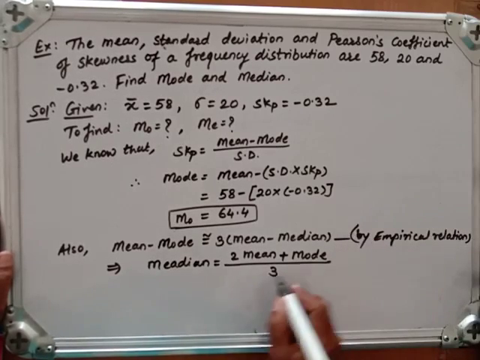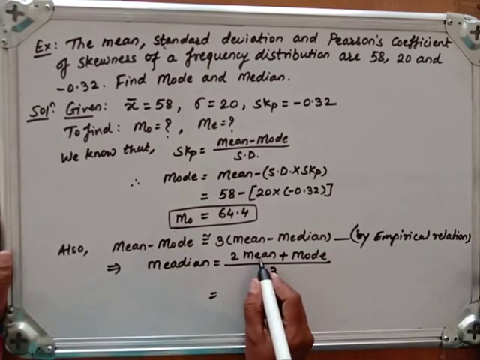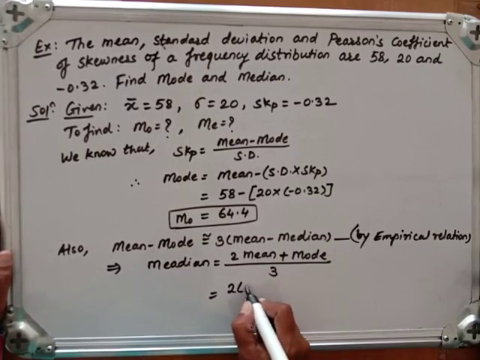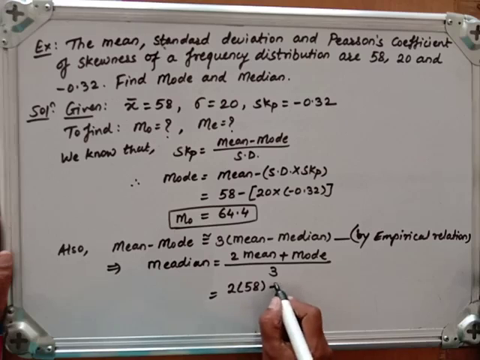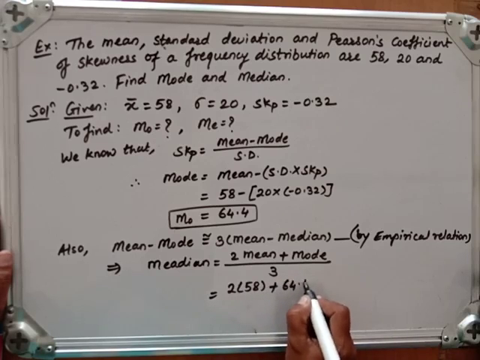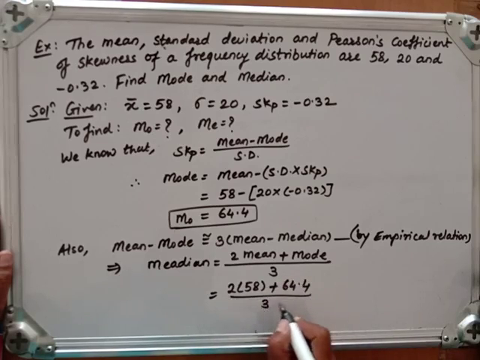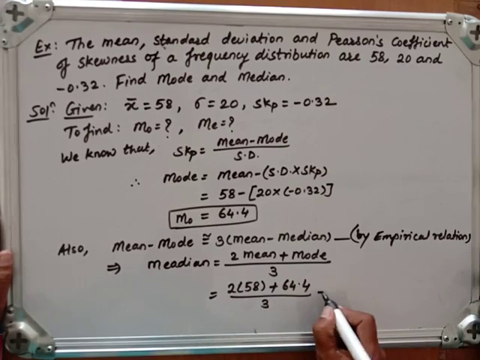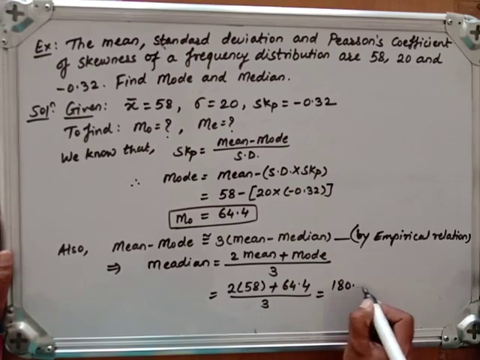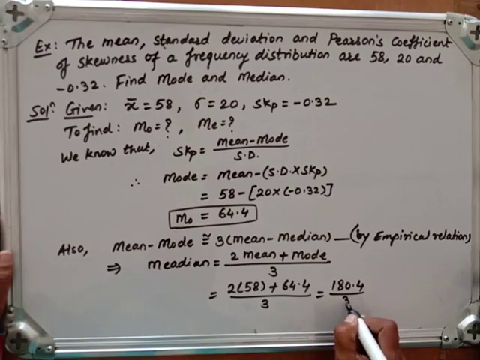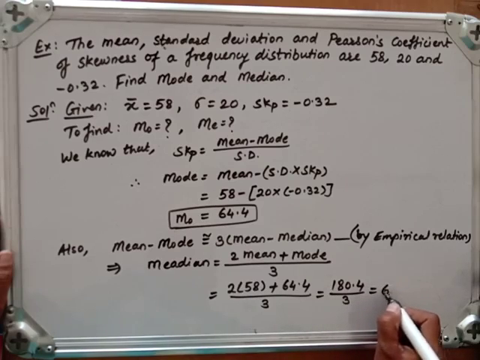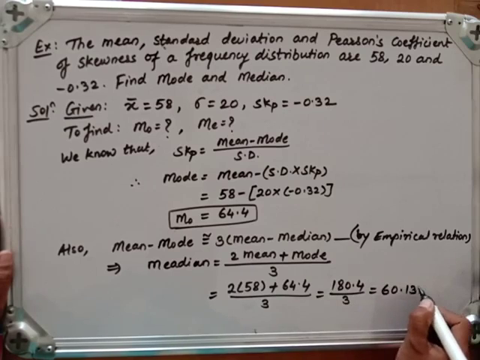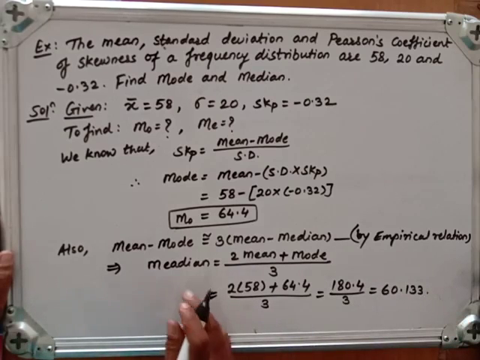Now we have the value of mean, so 2 times 58. Mode with us now is 64.4, upon 3. So this calculation will be 180.4 upon 3, which is 60.133. As such we get median.